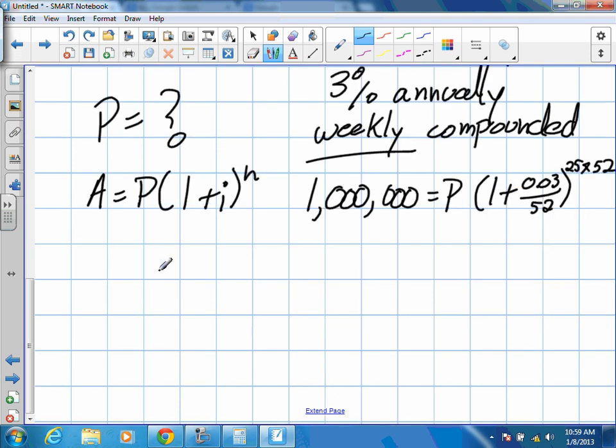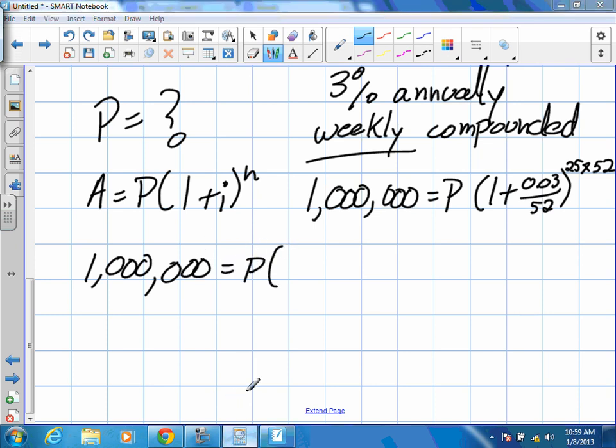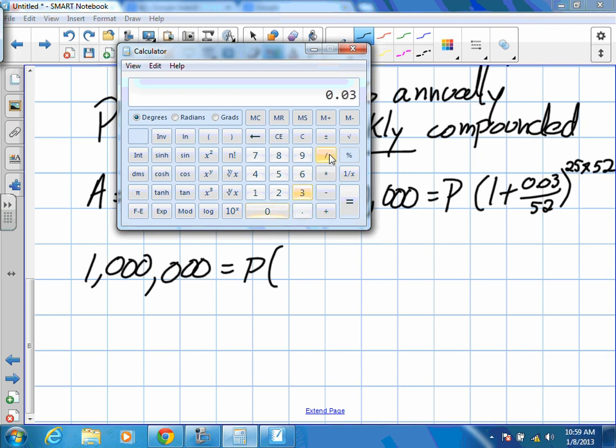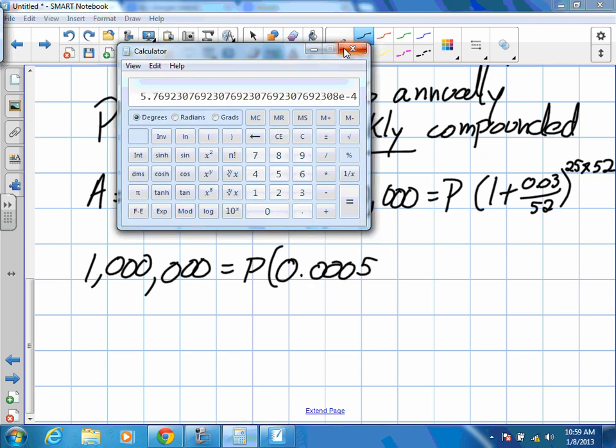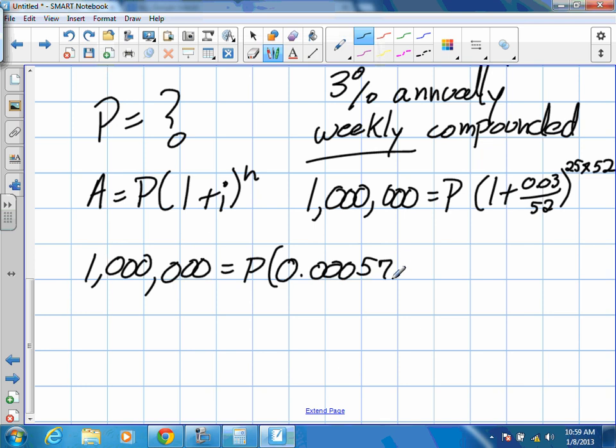So I'm going to move this over a little. What if it's a leap year? Still the same number of weeks. It doesn't change. Okay? Principal times, let's figure out 0.03 divided by 52. That's moving the decimal place 4 spaces over, so there are 3 zeros in front of that number: 0.0005769, roughly.